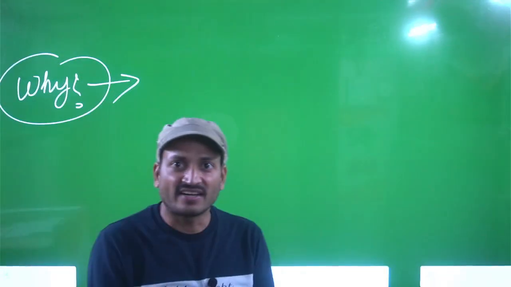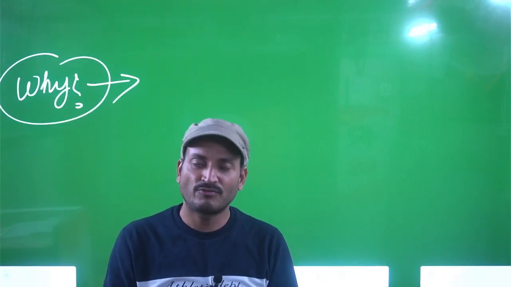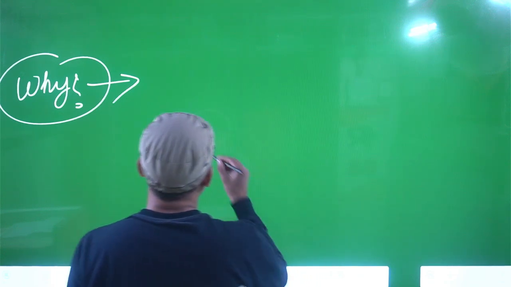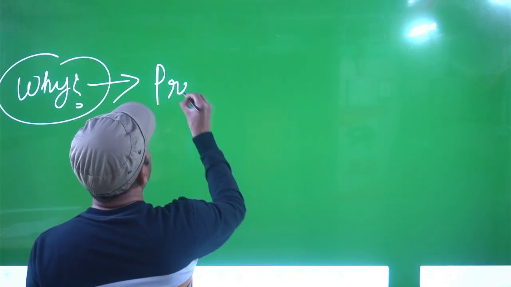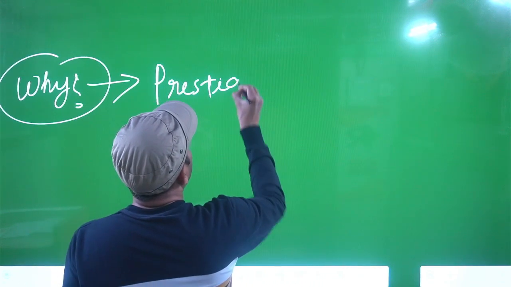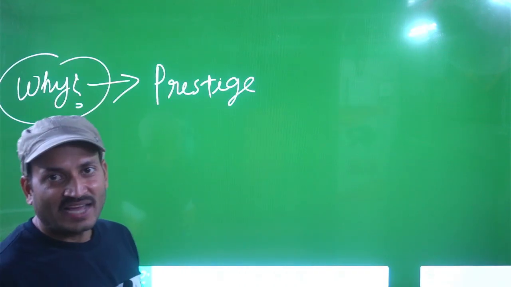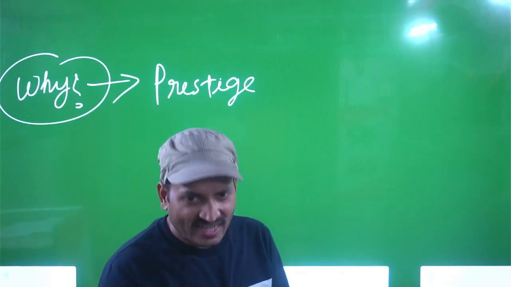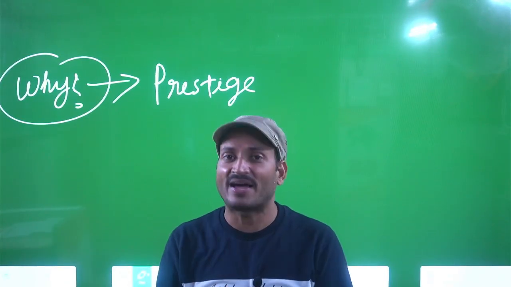Now the next question that arises in our mind is why a particular country would want their wetlands to be recognized as Ramsar sites. What is the advantage? So my friends, that advantage is in the form of prestige of that country, as champion of ecology, as champion of the conservation and protection of biodiversity.